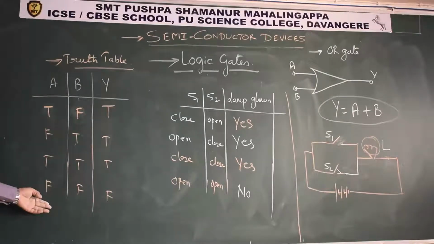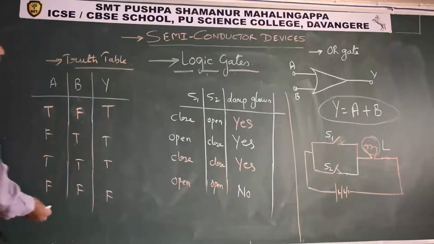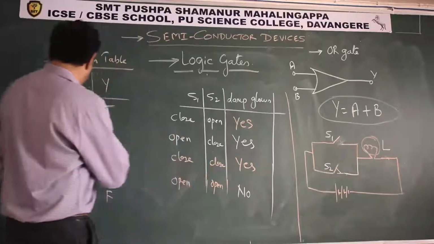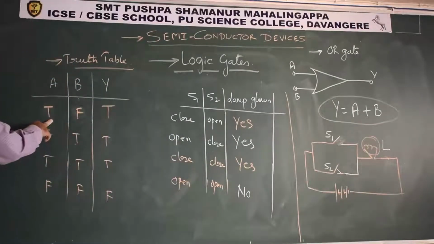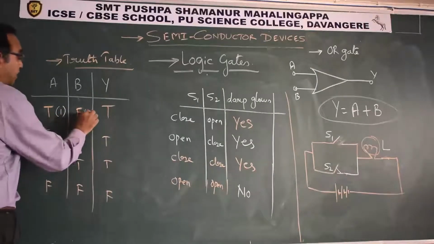See, this is the truth table. You can convert this into a Boolean expression. How? If you want to see this in the form of a Boolean expression, I can write it this way. Instead of true, write 1. For false, write 0.